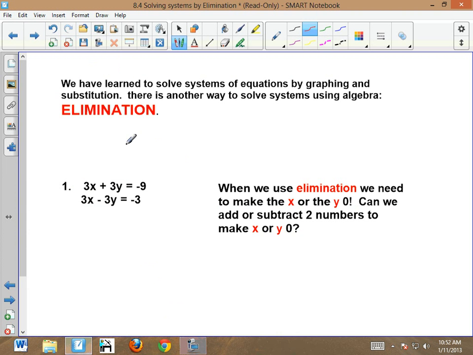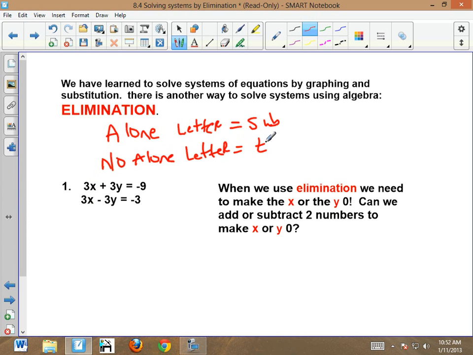Today we're going to discuss elimination. If you have a lone letter, that equals substitution. Do I have a letter that is alone here? No. No alone letter.